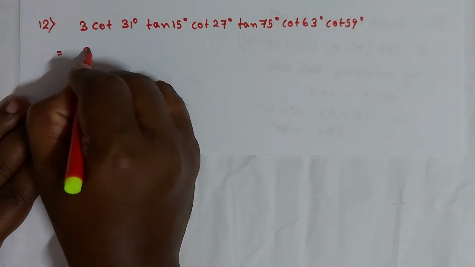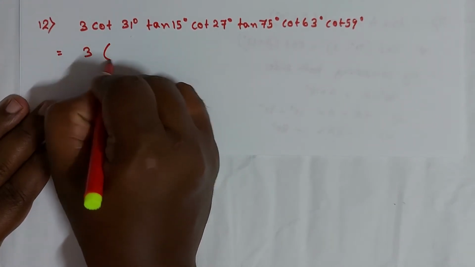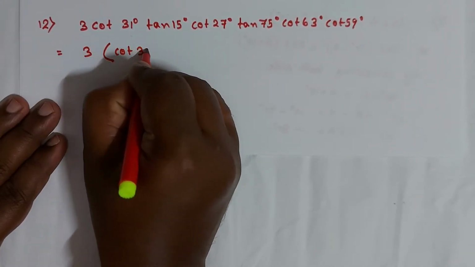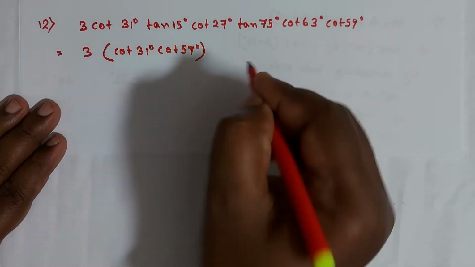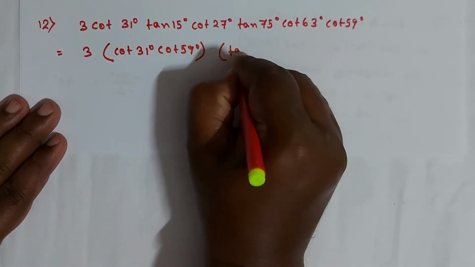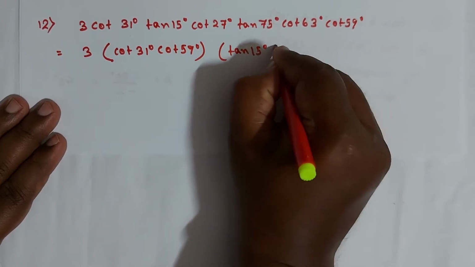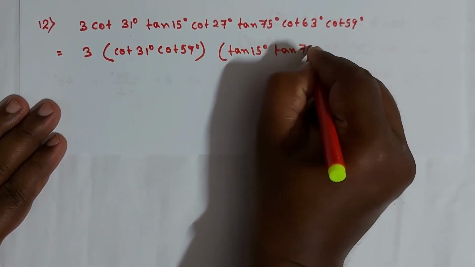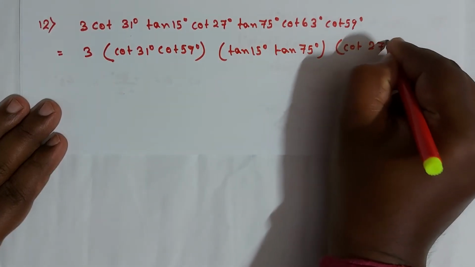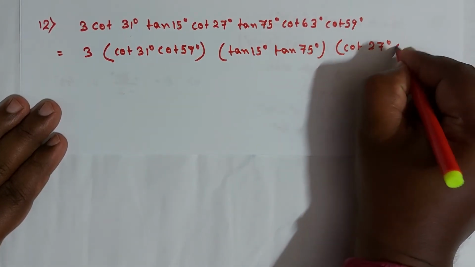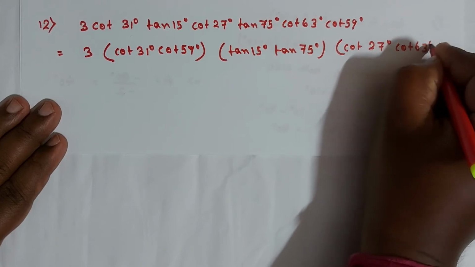So first of all we make the pairs in this way: cot 31 degrees into cot 59 degrees, then tan 15 degrees, tan 75 degrees, then cot 27 degrees and cot 63 degrees.